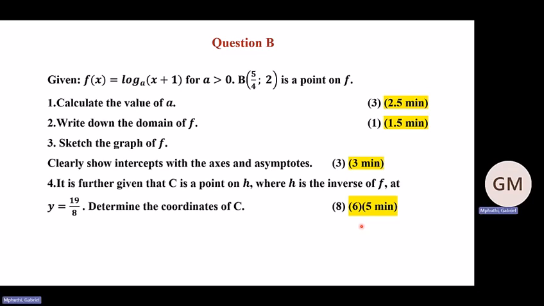And that point is where y equals 19 divided by 8, or 2 comma something. Now we need to determine the coordinates of C. So we are at least given some y value there.